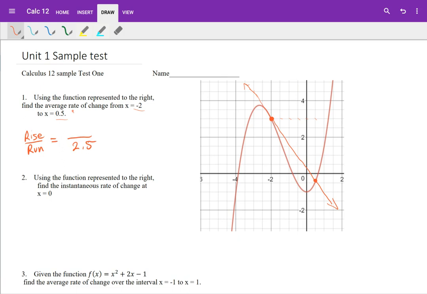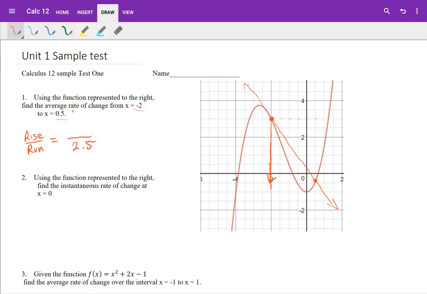2.5 is my run. And at the same time, I'm rising actually a negative amount here. So I'm going to go ahead and do 1, 2, 3, 4, 5, 6, 6 or 7. We'll go 7 of these half.